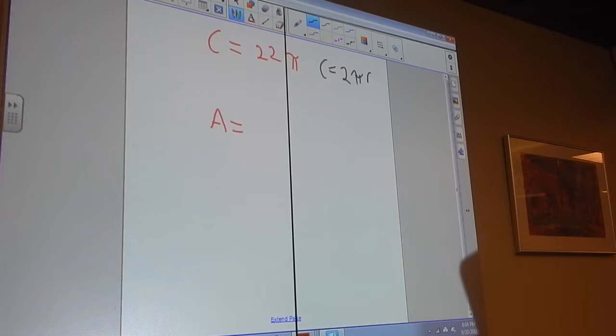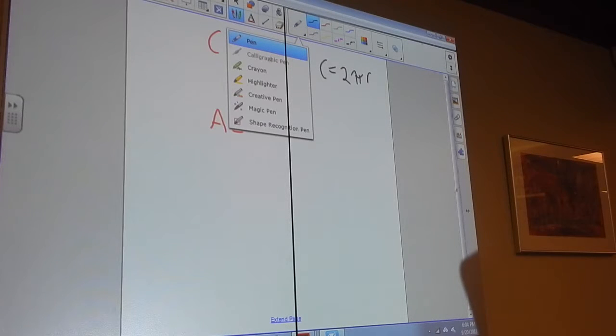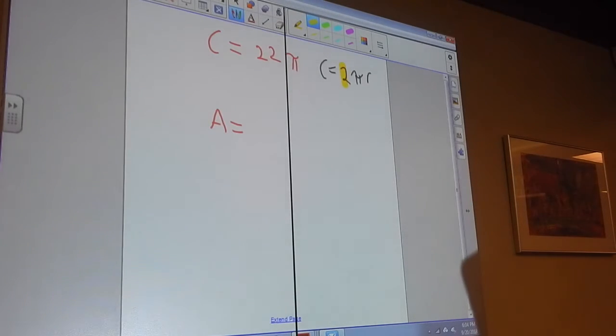We got to find the radius. In every single one of these problems, the most important thing is to find the radius. So this problem, that's 11. Because 2 times r, 2 times whatever that is, gives me that 22.